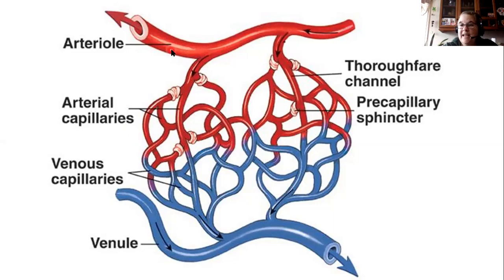Exactly. In my image, I would color the arterioles blue, and then slowly my capillaries would turn red as they're gaining oxygen from the lungs, right? The blood's going to be gaining oxygen, and then the venules would all be red because they've gained oxygen, right? So that would be the differences that I would see if I was trying to draw the same image for a pulmonary circuit, okay? All right.